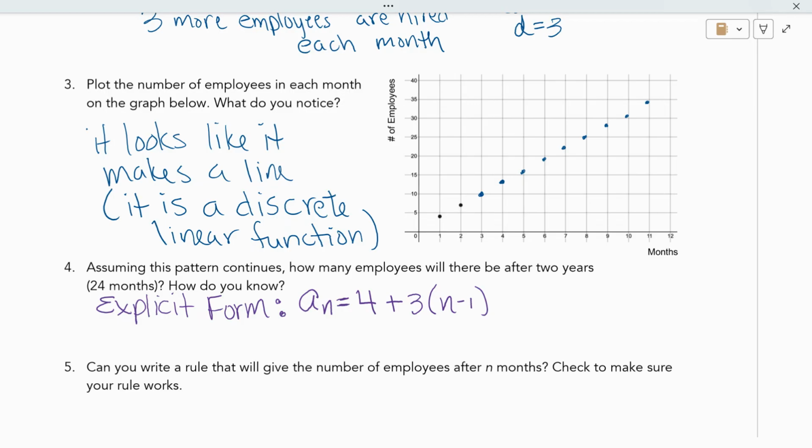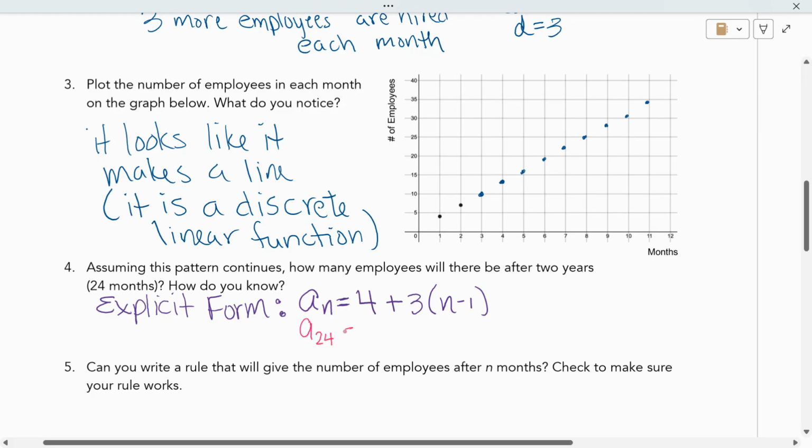Okay, I didn't get 74. I got 73. So, well, that's why you got to write a formula. So we're trying to figure out 24 months. 2 years is 24 months. So 4 plus 3 times, what is going to be in the N minus 1 parenthesis? 23.